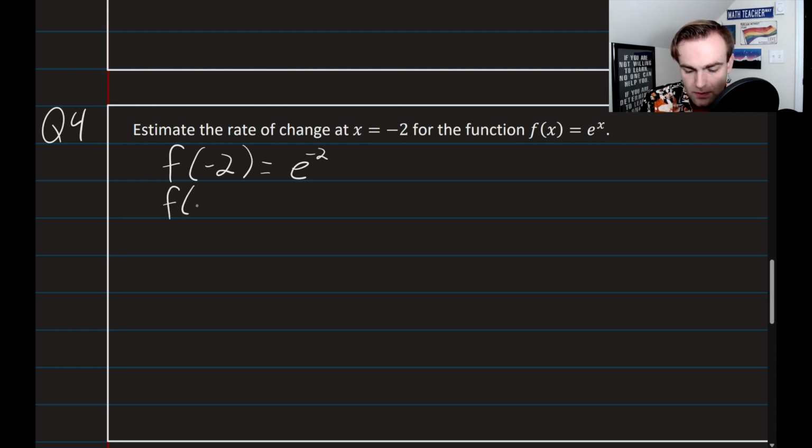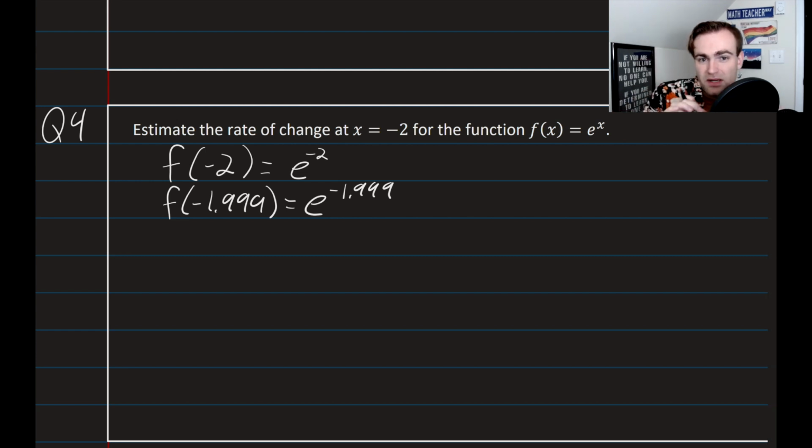Then we can do f of something really close, 1/1000th off. So I'm going to do f of negative 1.999. You could do f of negative 2.001, perfectly fine. That'll again give us e to the negative 1.999 power. And since we're getting approximations, it really doesn't matter if we go a little above or a little below.